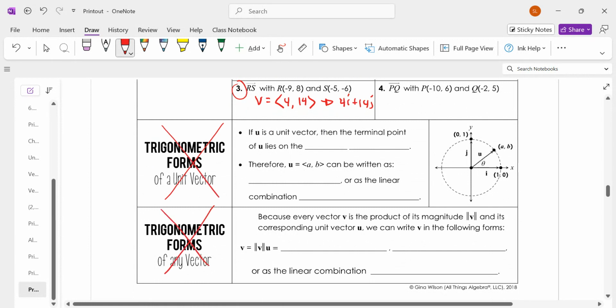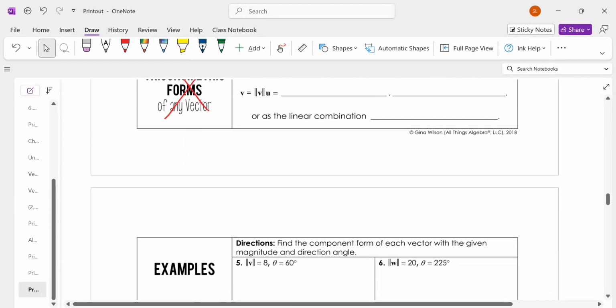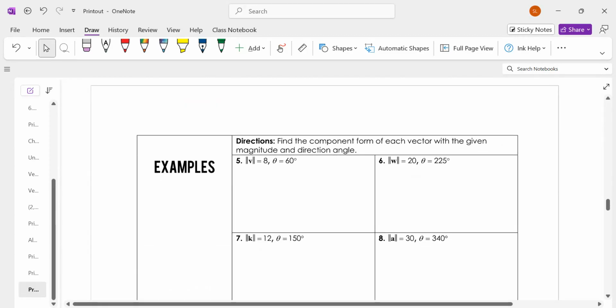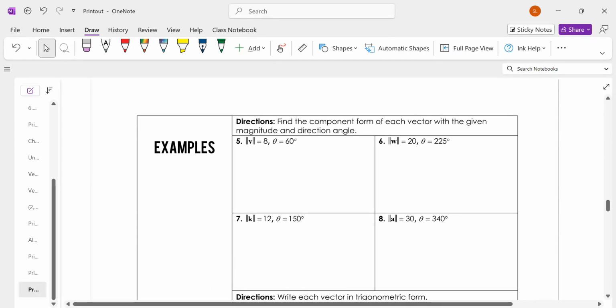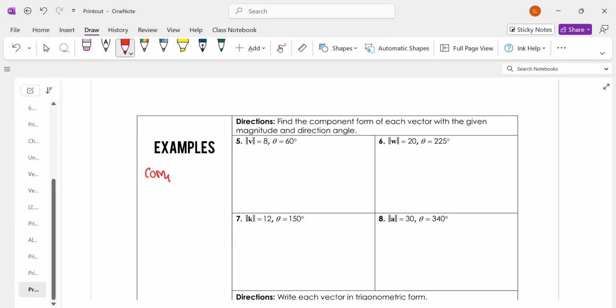We're going to skip trig form. You guys could probably figure that out. But let's jump down to 5 through 8 here. Component form. If you're given magnitude and theta, it can be written as magnitude cosine of theta, comma, magnitude sine of theta.